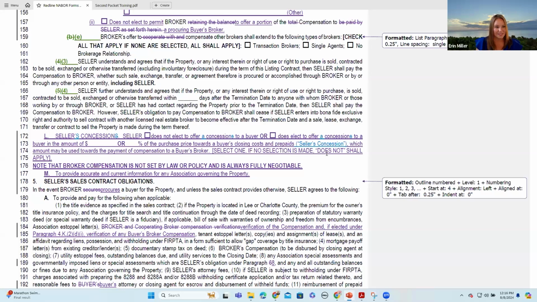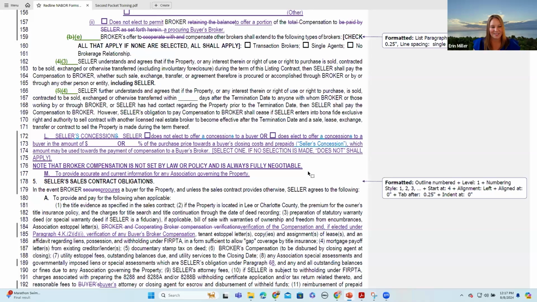If they elect to offer a concession, you need to input in line 173 the dollar amount or percentage of the purchase price that the seller is allowing you as the listing broker to offer as part of the negotiation.